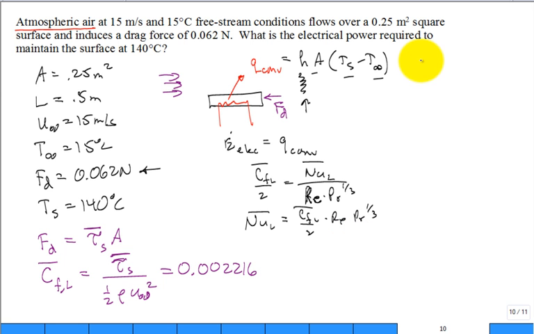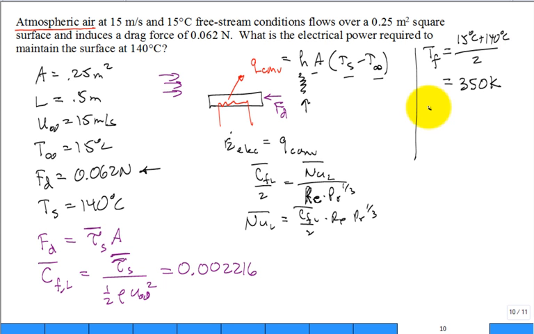I have to start calculating some properties. There's a table for air, temperature dependent at 1 atm, but I need to evaluate it at the film temperature. So it's 15 degrees C plus 140 degrees C divided by 2. That conveniently comes to 350 Kelvin, so I don't have to interpolate in the table.